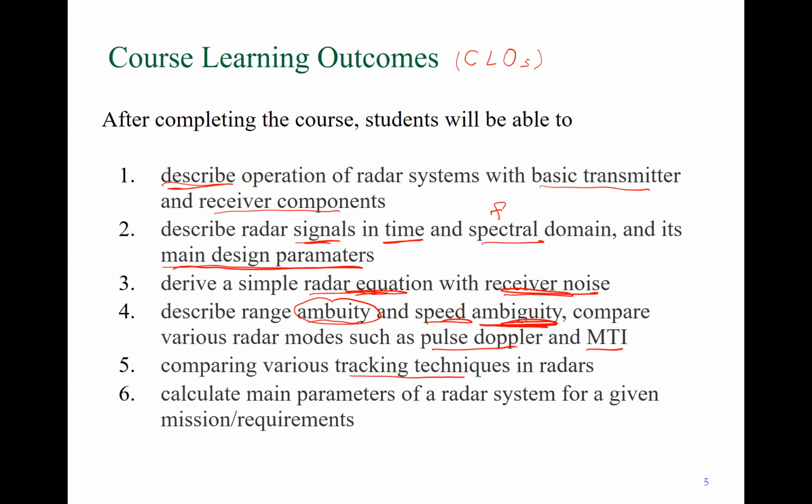So we have some tracking techniques that you are supposed to know and compare. Calculate main parameters of a radar system for a given mission or requirement. So at the end of this course, you will be able to achieve all of these outcomes.